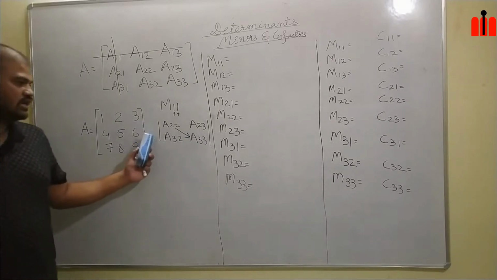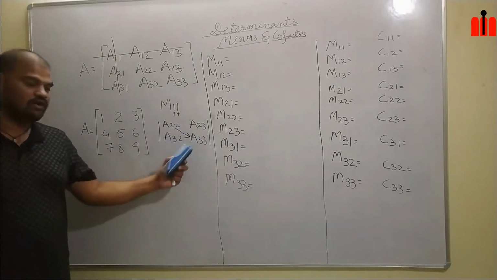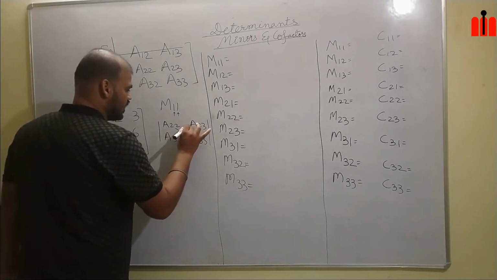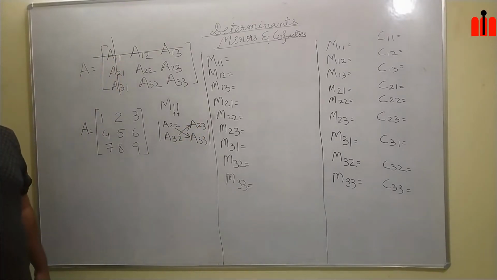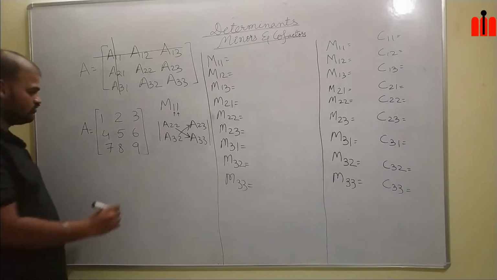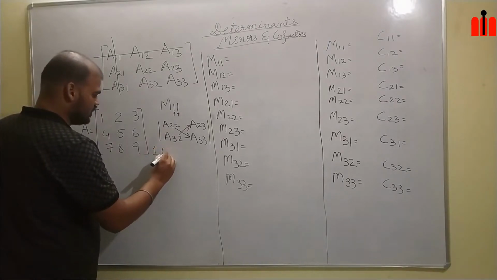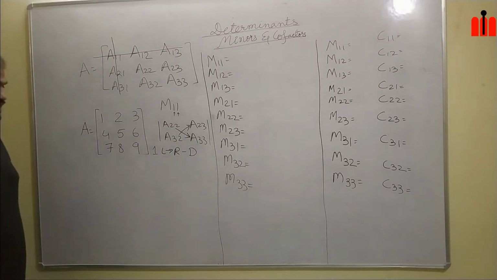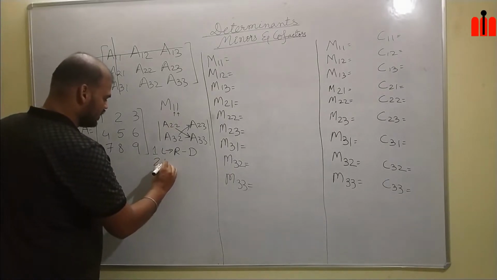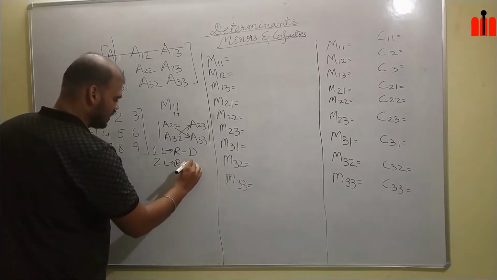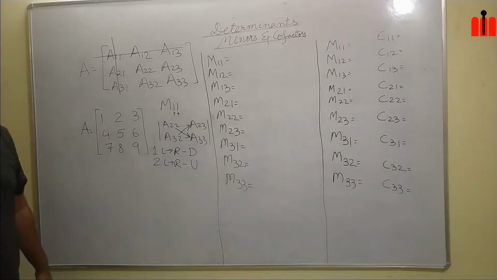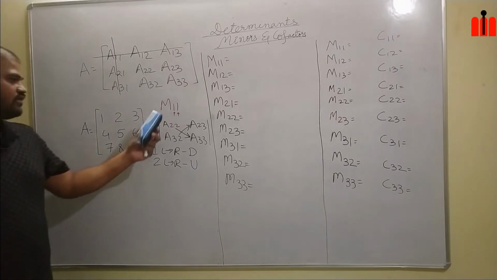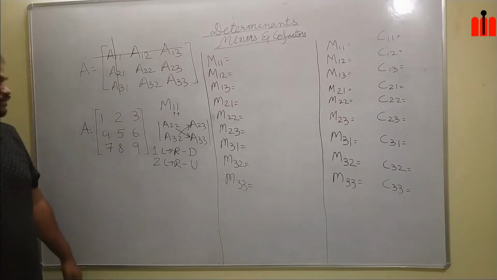First arrow will be left to right, down. And second arrow will be left to right, up. By doing that, we will find the minor M11.